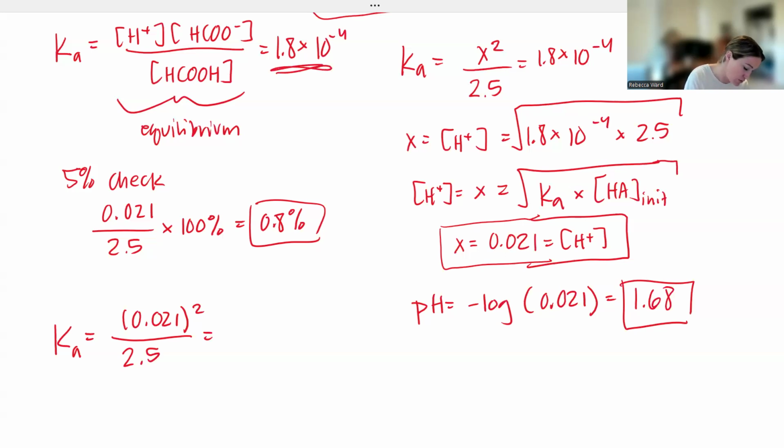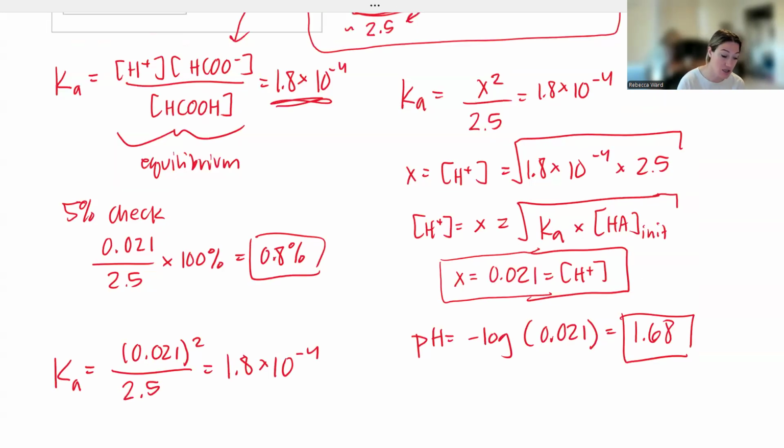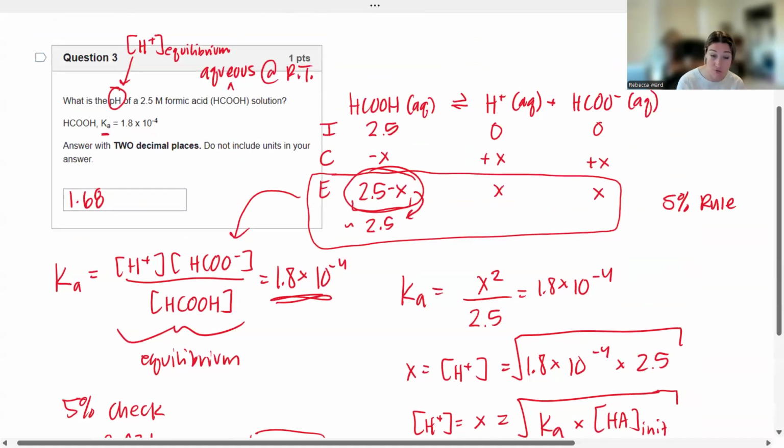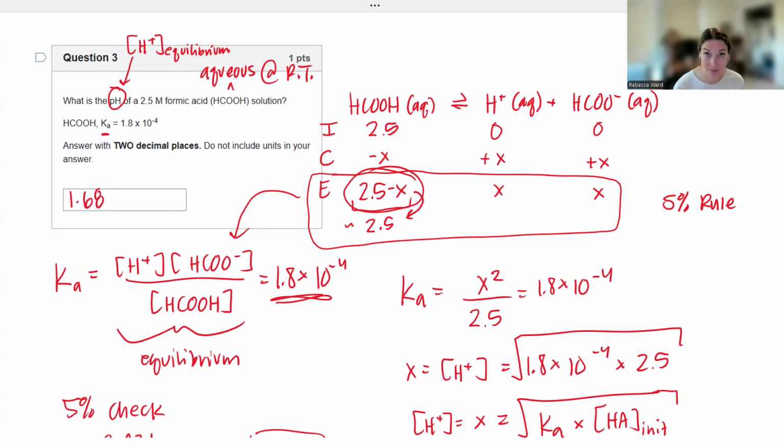And I got 1.76, which rounds to 1.8 times 10 to the negative fourth. So I feel really good about this calculation, especially on these numerical questions where you have no multiple choice answers to give you feedback.